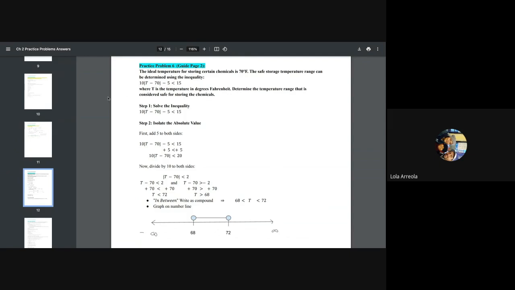But again, this is just another inequality problem. So I have 10, but notice I have 10 times the absolute value. When the 10 is next to these absolute value sides, it's multiplication. So I have 10 times the absolute value of t minus 70, minus 5, less than 15. Again, what do I want to do? I want to isolate the absolute value.